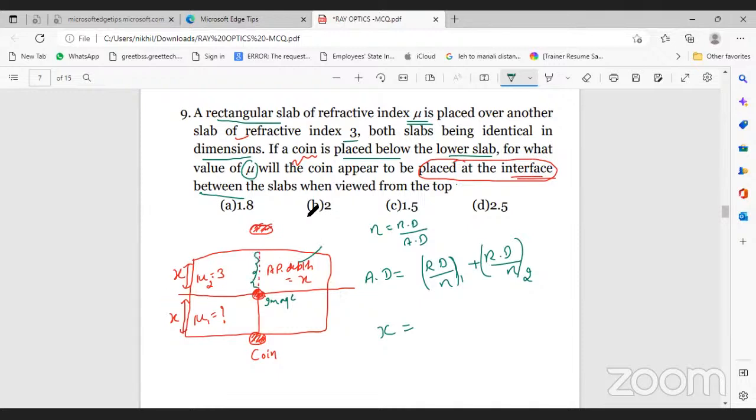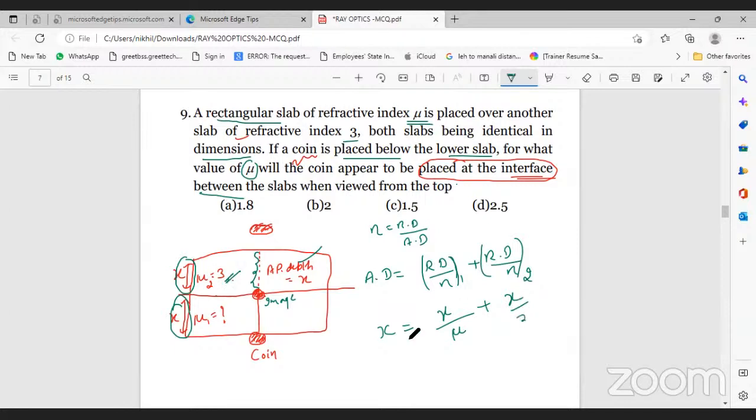What is the real depth for the first slab? x. What is the refractive index of the first slab? Mu, we have to find that. What is the real depth for the second slab? x. What is the refractive index for that? 3.